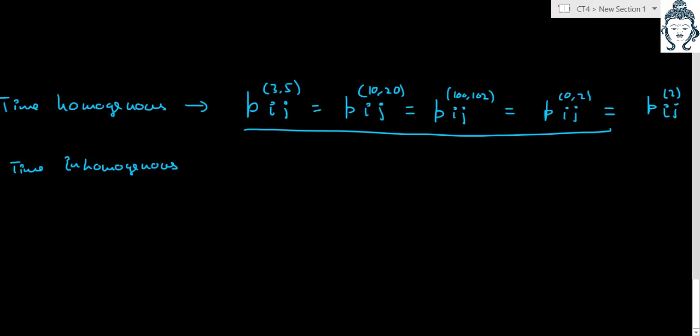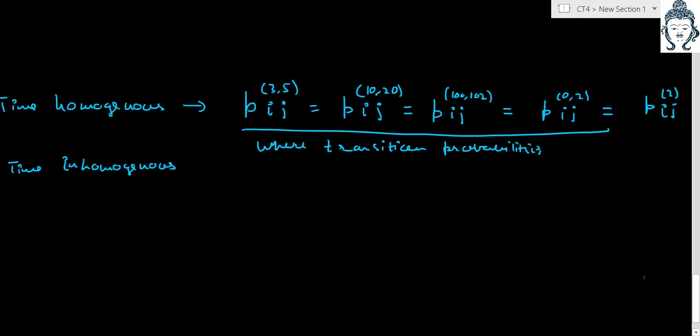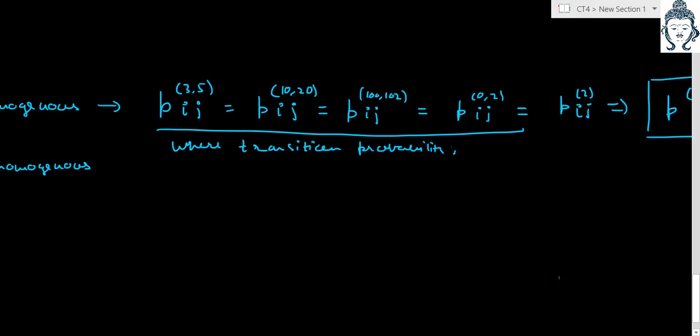So I can write generally that a time homogeneous Markov chain is one where transition probabilities depend only on the duration and not the starting time.